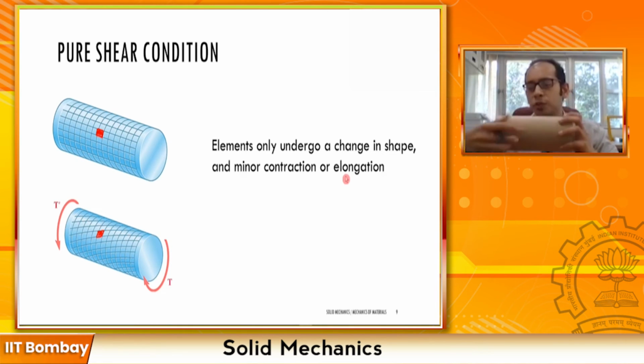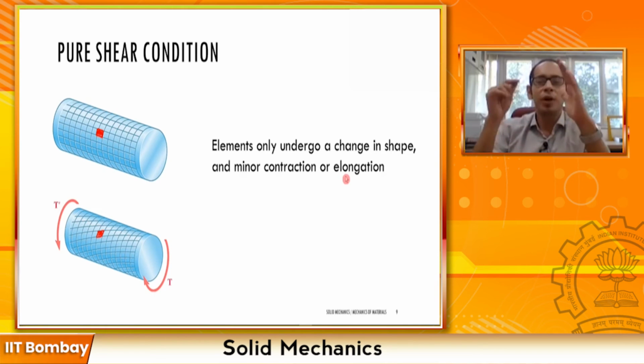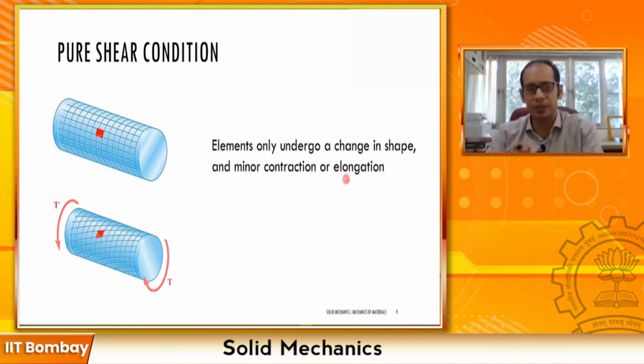Now, from what we have learned until now, do you remember what kind of stresses in an element cause these kinds of shifting? Remember, the elements where you are simply applying a force on the sides and it just undergoes a change in shape without undergoing expansion or contraction. Yes, you have guessed it right.